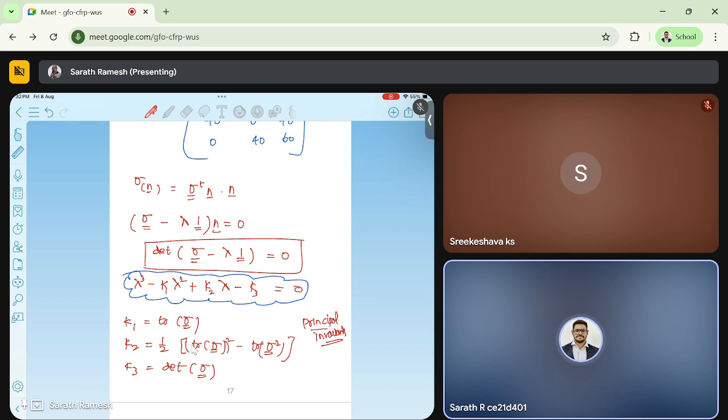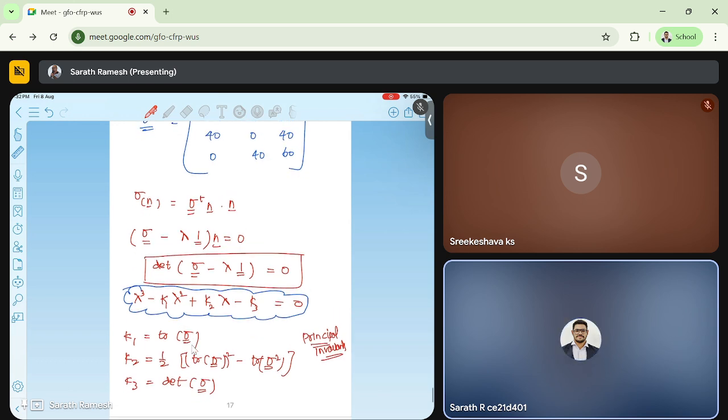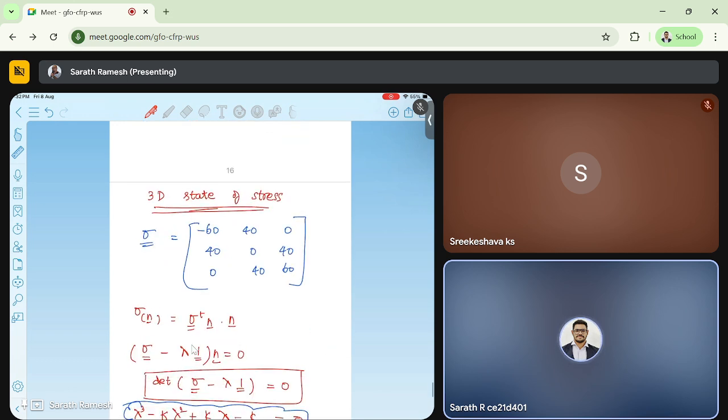These three won't change irrespective of the basis. So we have to find K1, K2, K3, then solve this cubic equation. Once we solve it, we get lambda 1, lambda 2, lambda 3, which are nothing but the principal stresses.